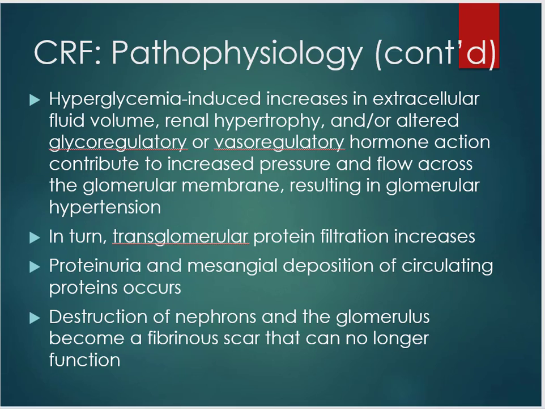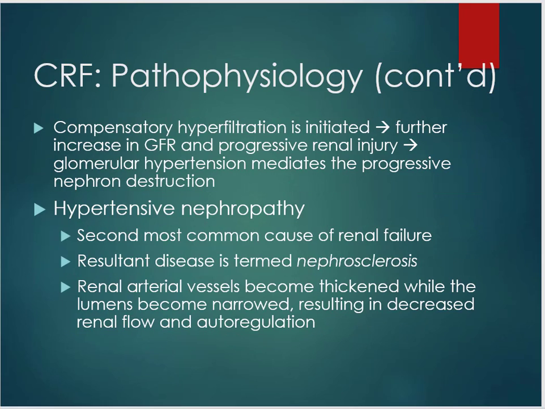It increases proteinuria, and it also causes destruction of the nephrons and the glomeruli and causes fibrous scars that do not allow the kidneys to function. When there's difficulty with this hyperfiltration system, then a compensatory hyperfiltration system is initiated, which further increases the GFR and causes more renal failure.